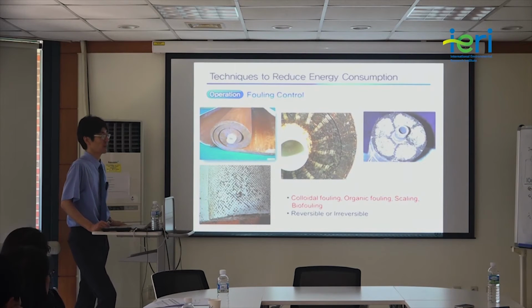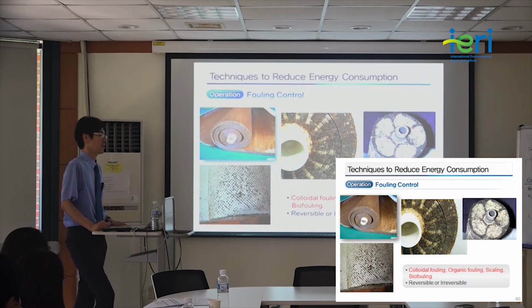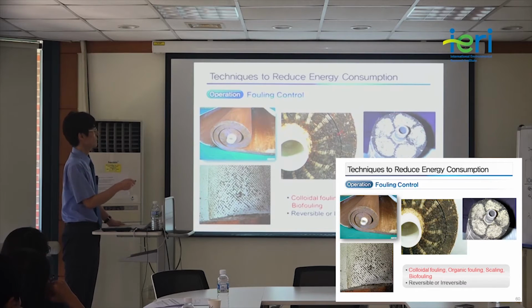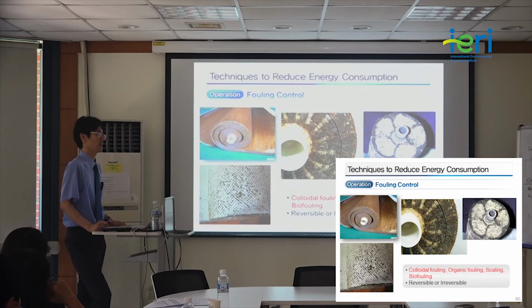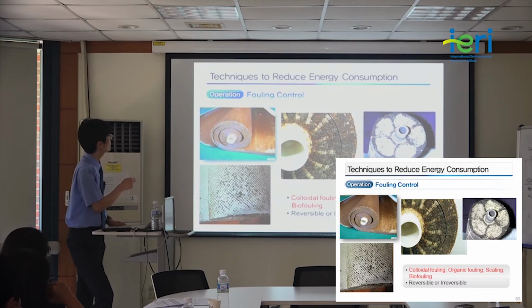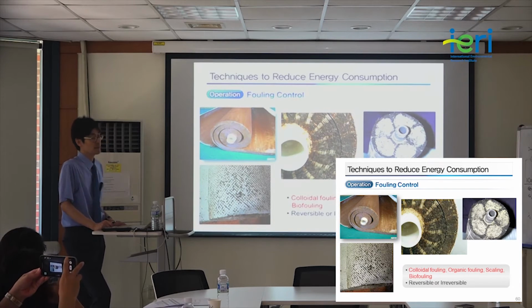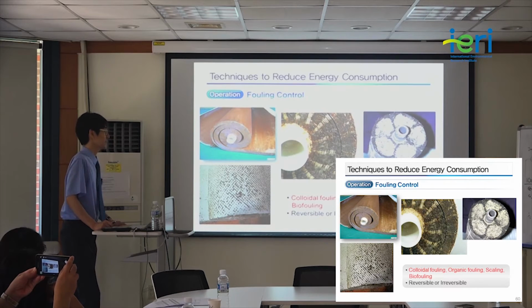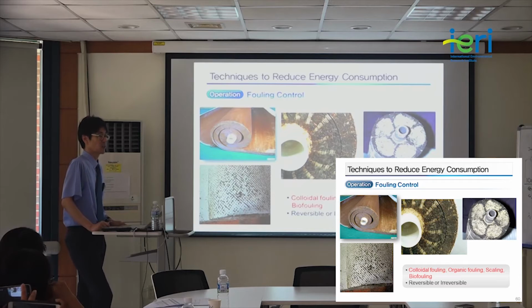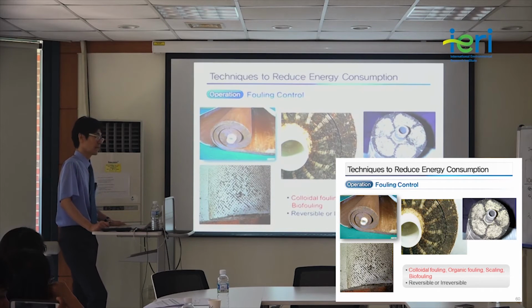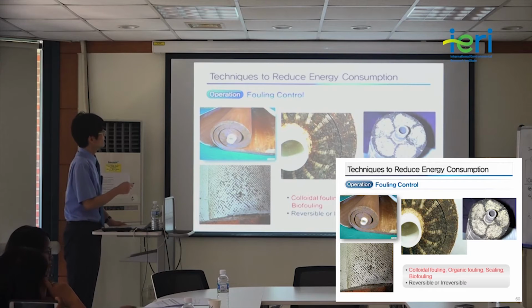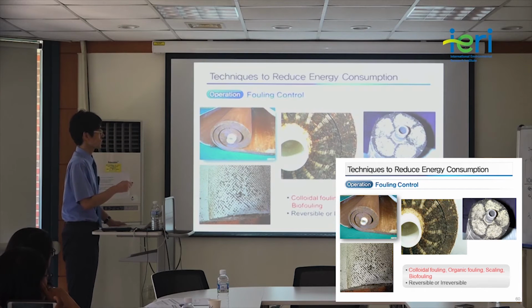So after the operation, when you get the membrane from the membrane vessel, you'll see different aspects of this foulant inside the membrane module. For example, in the first case, what you see is the brown layers, which is probably organic matters or biofilm, or it may be iron oxide. But before we analyze that, we cannot identify what they are. And in this case, the fouling happens not only on the membrane surface, but also in the membrane channel.